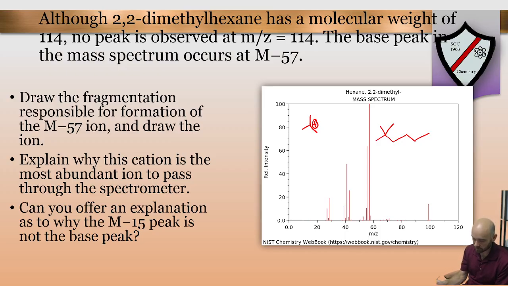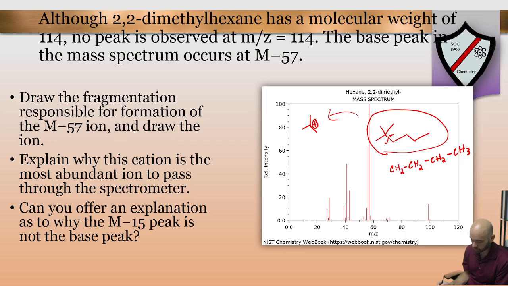Now, to get from this structure to that structure, I have to sever this bond there. Now I'll go and check. It looks like 4 carbons are being chopped off, so it would be CH2, CH2, CH2, CH3 that are being removed.